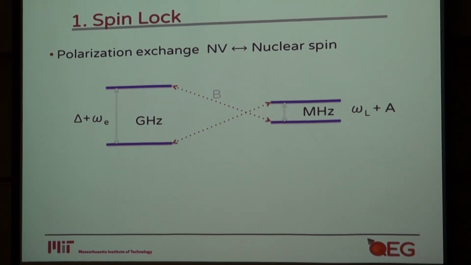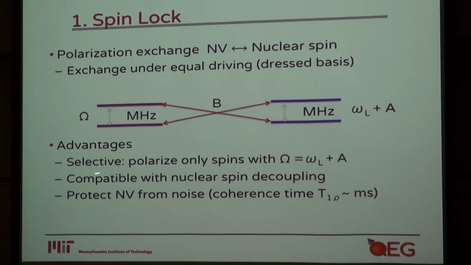So what I do is to apply an external driving field onto the NV center with a frequency which will match the particular frequency of the spin that I want to polarize. And now in the dressed basis of the NV center, the two spins have the exact same energy, and this polarization exchange can now happen.